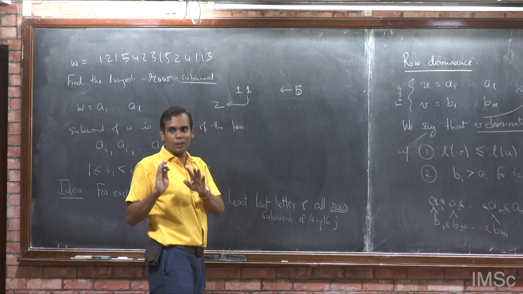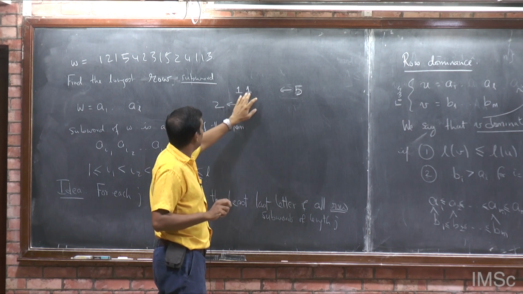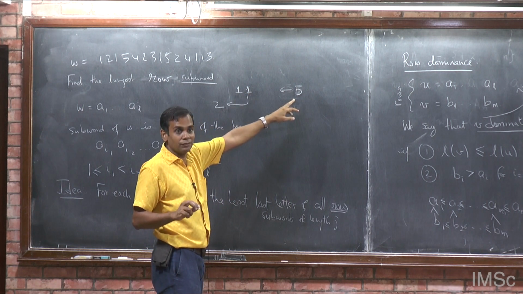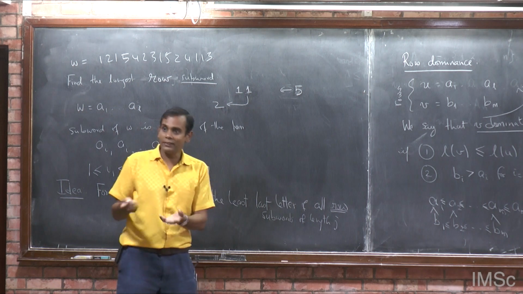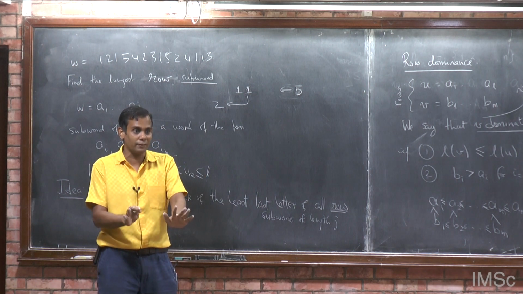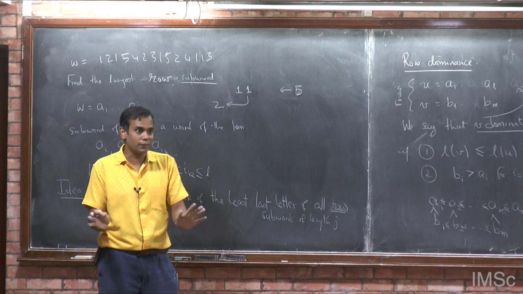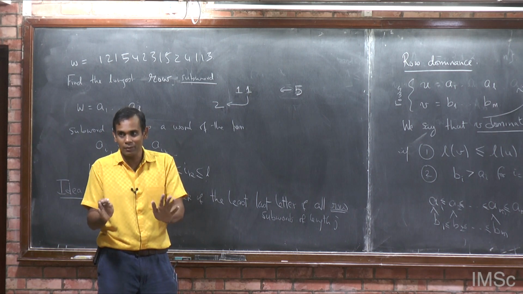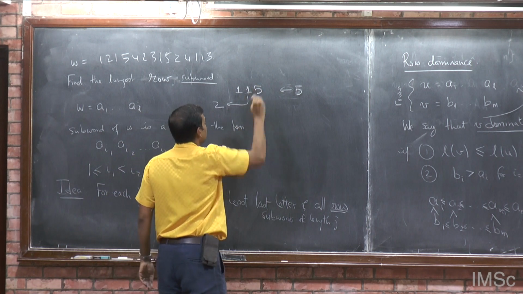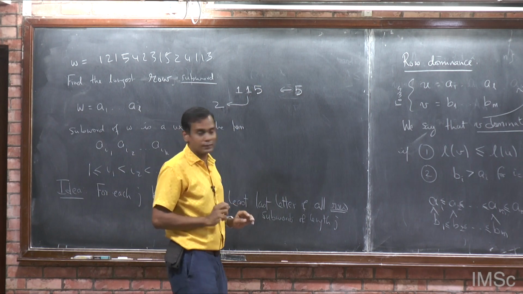When I say increasing, now I mean weakly increasing, of length 2, which ends with 1. So I can definitely tag a 5 to the end of it, and I will get an increasing subword of length 3 ending in 5, and I can't do better than 5 for a subword of length 3. But for a subword of length 2, I still have 1 and 1. So I put a 5 here, and nothing is thrown out at this stage.